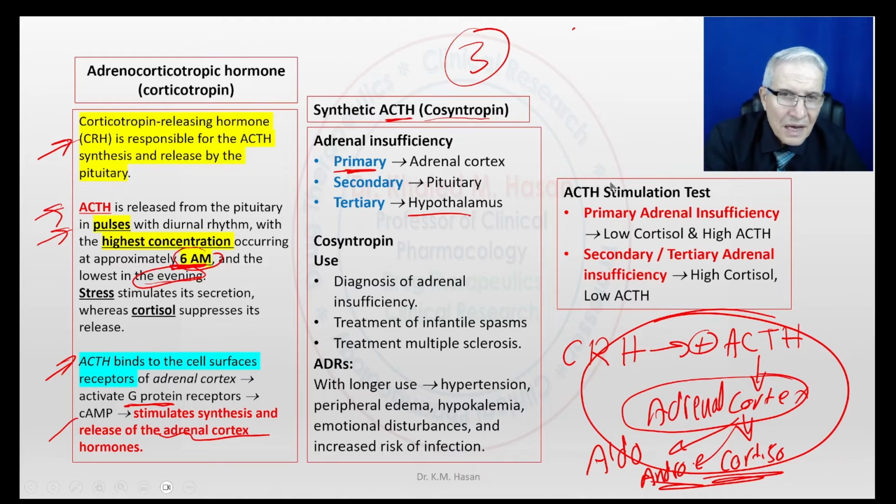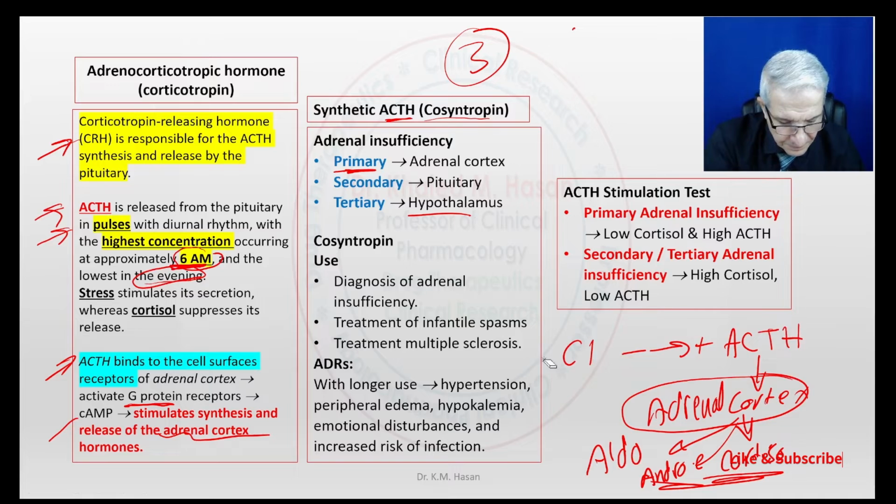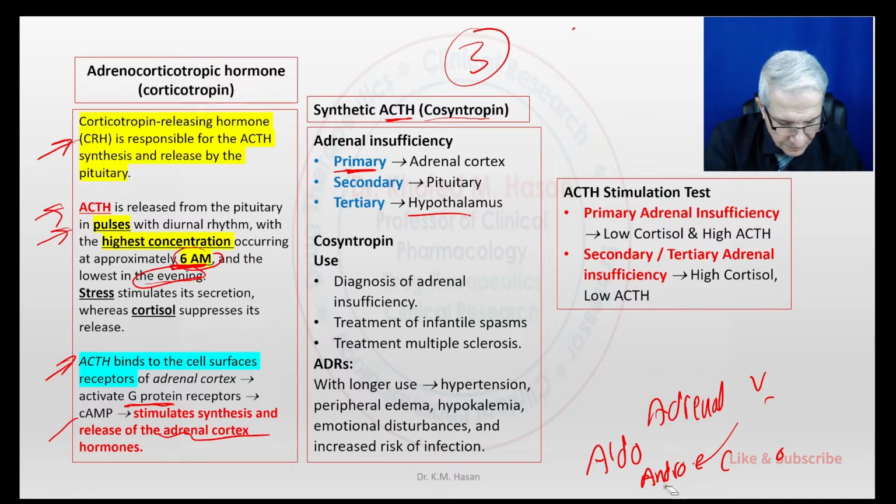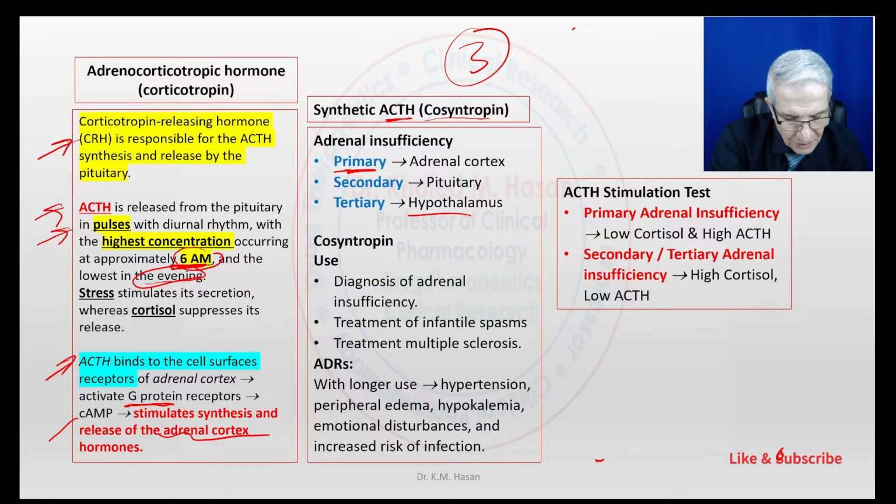Okay, regarding the ACTH stimulating test, when we have primary adrenal insufficiency, we have low cortisol, high ACTH.